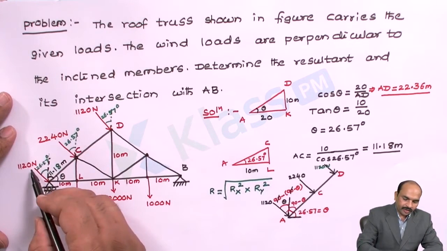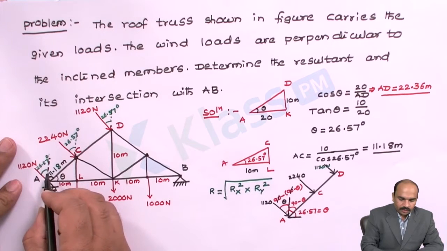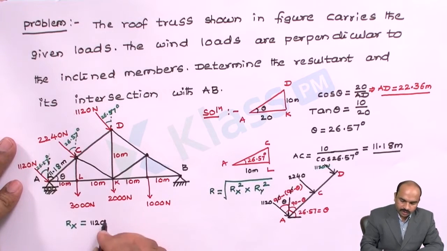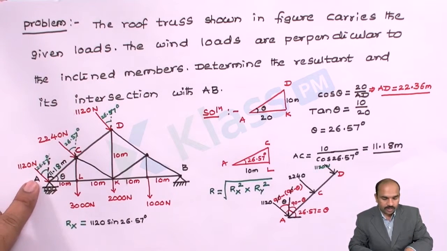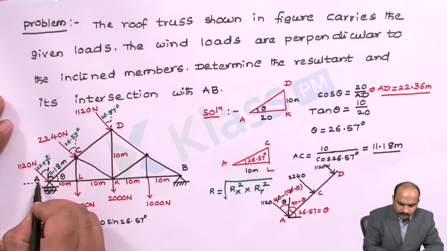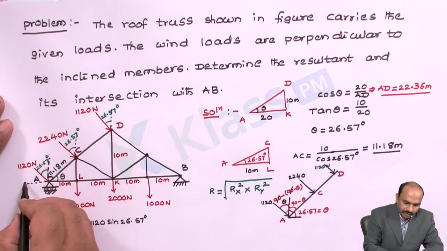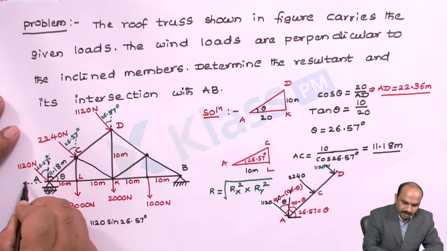It is explained here. Now let us write the forces about the x-axis. You can see this 1120. Cos is about vertical, but we want about x, so it will be sine 26.57 degrees. This is the component of this force about the x-axis, the 1120 newton force acting in this direction.